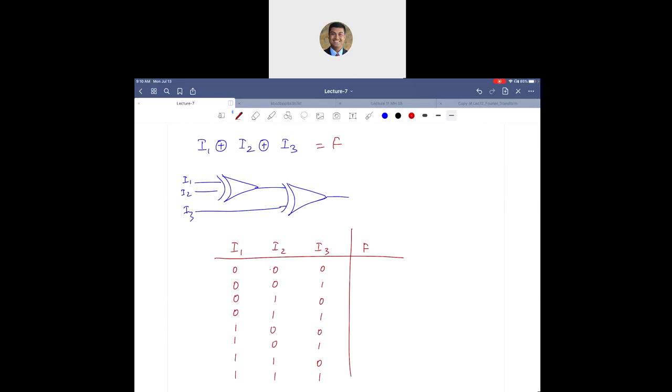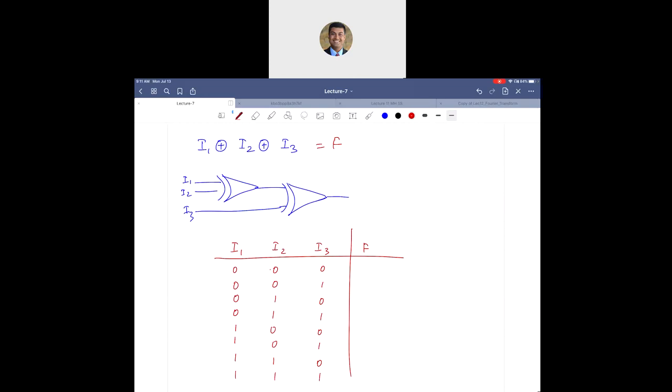If you did a daisy chain or a tree structure, whatever you did, what would you get for the output F? Compare I1 and I2 first, then compare with I3, right? No matter what you do here, I hope you see that your outputs will be this.